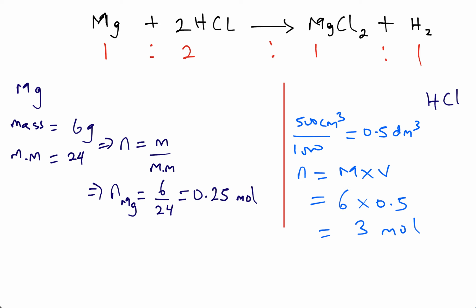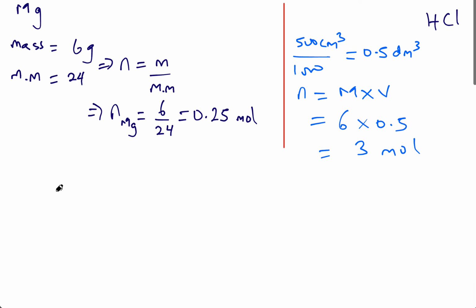And I'm going to be using that information. Now, Mg to HCl, that is 1:2. Let me extend this. I'm still partitioning them. Now, the ratio of Mg to HCl is 1:2.